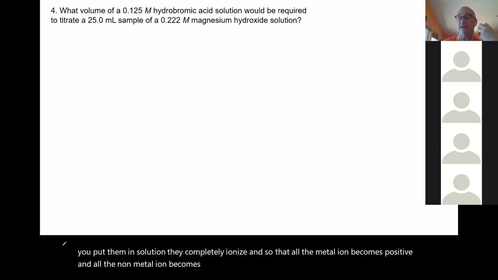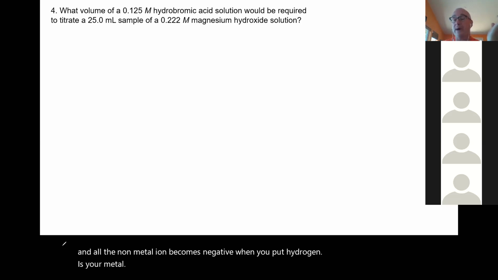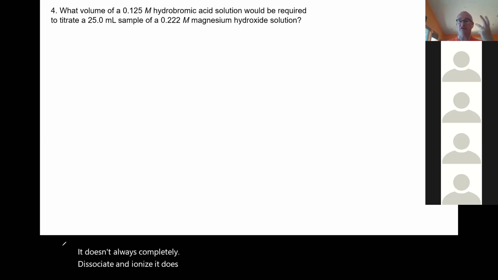Well, when you put hydrogen as your metal, it doesn't always completely dissociate and ionize. It does if they're what's called strong acids. And you're probably familiar with the term strong acid, right?